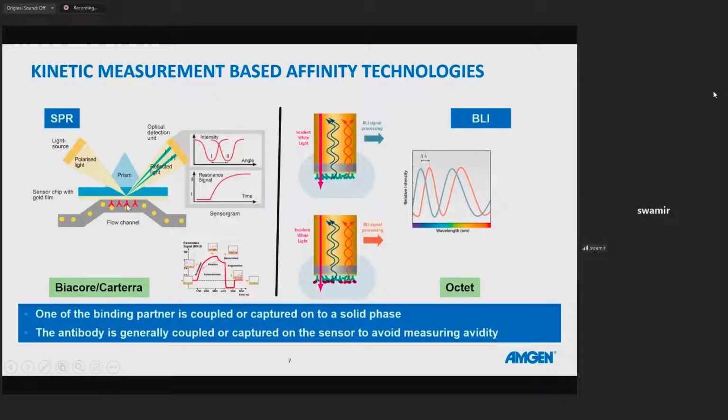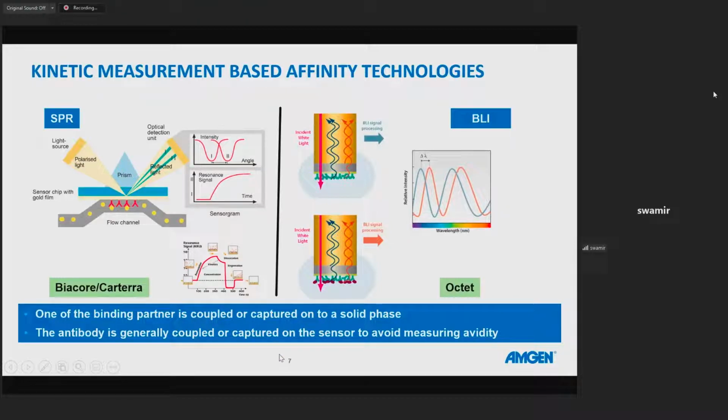While it is binding to the attached molecule, we can measure the on rate, and after that, if we just leave it in buffer, then it will dissociate from the product form, and we can measure the off rate.